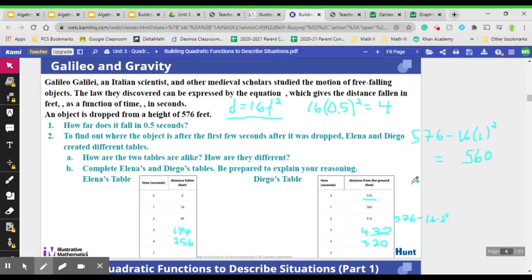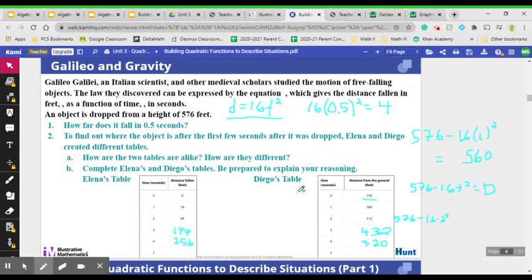And that means that 576 minus 16t squared, and you can use an x or a t if you wanted, equals d for distance. So they're really just starting at different points. One is starting at the top, one is starting at the bottom.